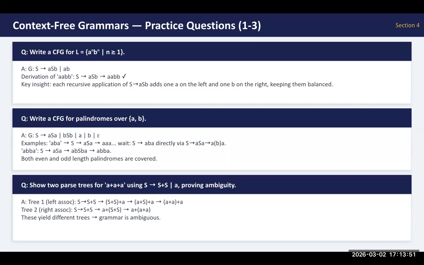Which could go to aabb. And this could just keep on going where you have that. So that becomes a CFG. For palindromes, that could be aabb. Sorry.